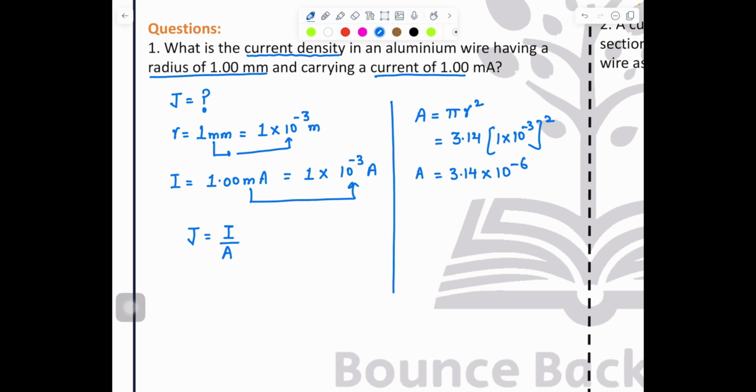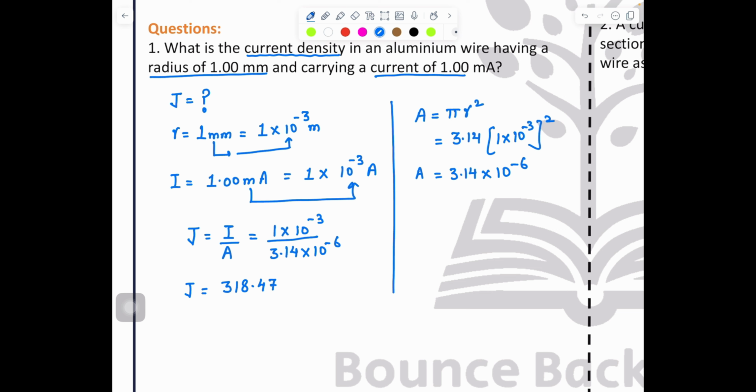Okay, place the value. We have the value of current: 1 multiply 10 raised to power negative 3 divided by 3.14 multiply 10 raised to power negative 6. Solve it fast. So what is your value? 318.47.